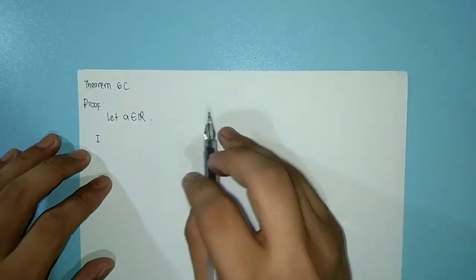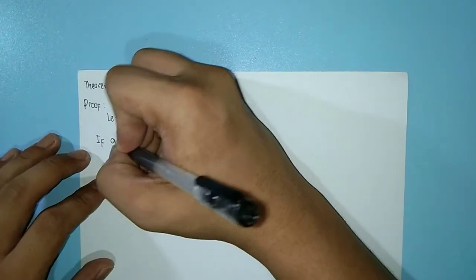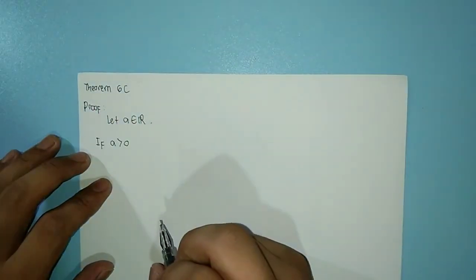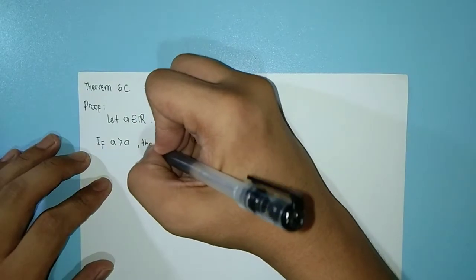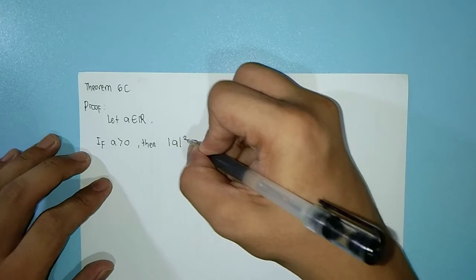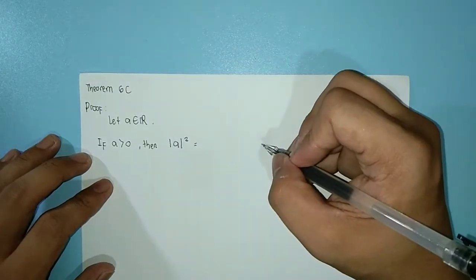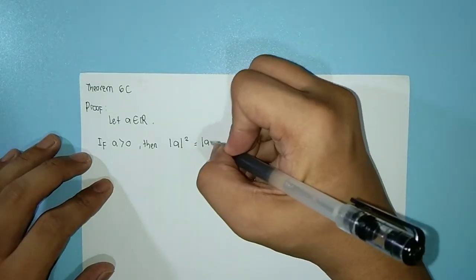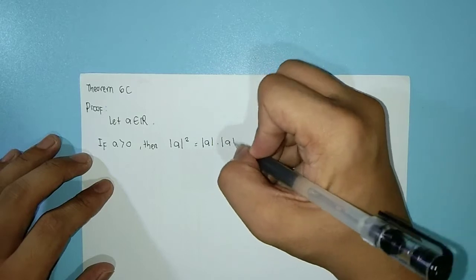Hindi ko na sinulat, no? Pero pwede nyo isulat sa proof. If a is greater than 0, then the absolute value of a quantity squared will be equal to the absolute value of a times the absolute value of a. Tama?